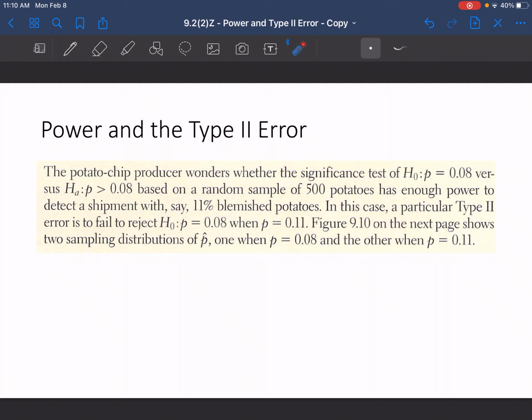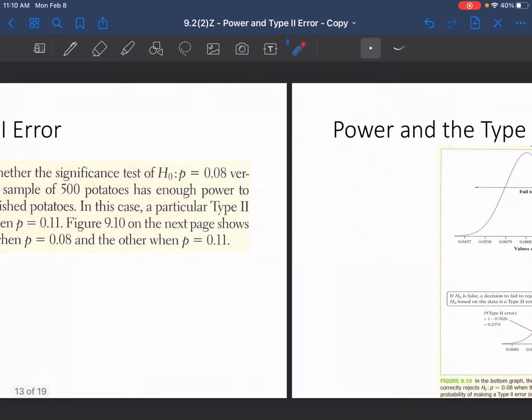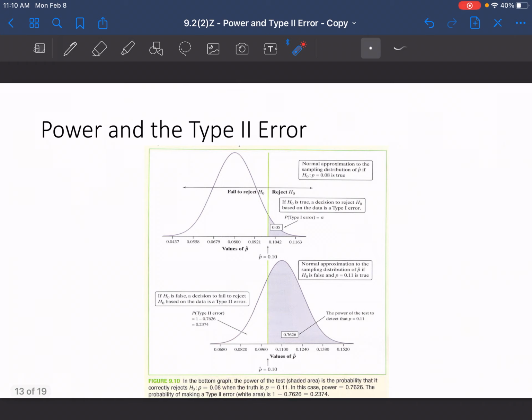So let's say, just for this problem, that our alternate hypothesis is actually true, where our proportion is 11%, so that is greater than 8%, but we want to make sure that we reject that proportion of 8%. So this is a visual representation of that.